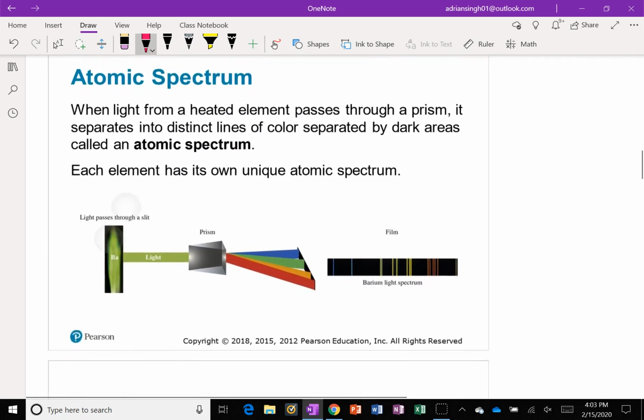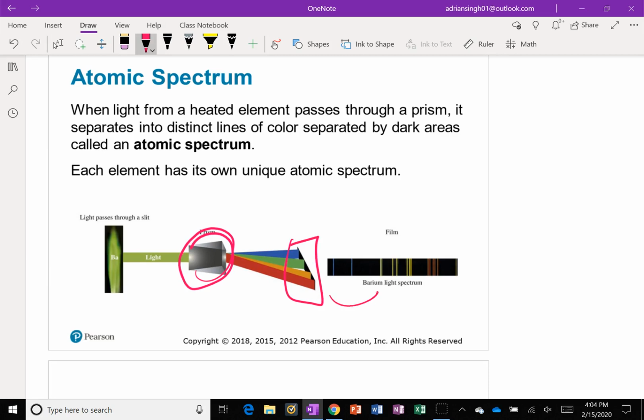So when you subject an atom to different energies, so for instance, if you have a sample of something and you heat it, or you subject it to an electric current, what happens is that that thing starts to glow and it starts to give off light. And if you pass that light through some sort of a prism, then that light gets broken down into its component colors.